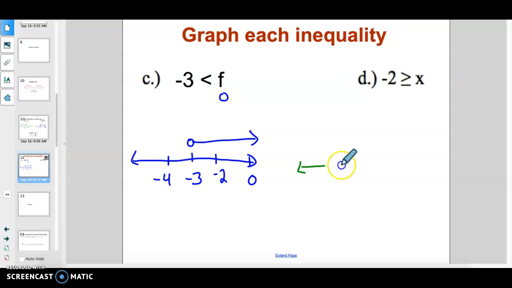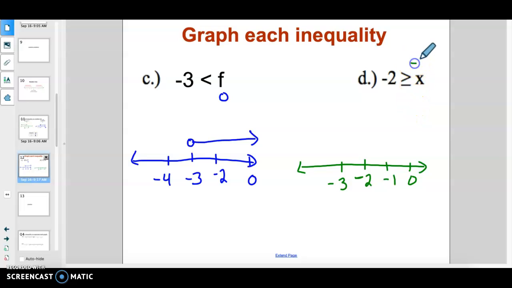One last one. I've got negative 2 to start with. A number smaller than that is negative 3. A number greater than that would be negative 1 or 0. This time it says negative 2 is greater than or equal to x, or x is less than or equal to negative 2. I want to figure out which of these numbers, if I plug them in, make this true.